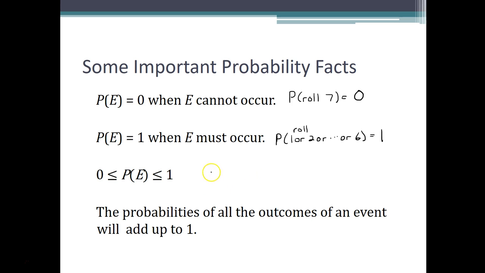All the other probabilities are between 0 and 1. Probability of head plus probability of tail when you flip a coin was 1/2 plus 1/2, which was 1. So these two had to deal with rolling a die, and this one has to do with the coin.